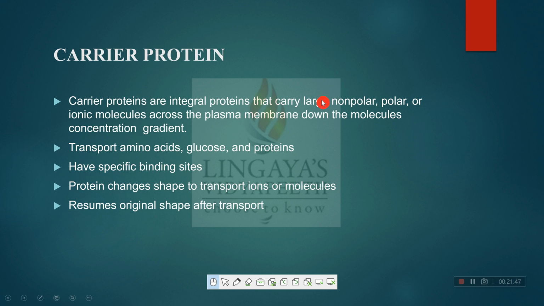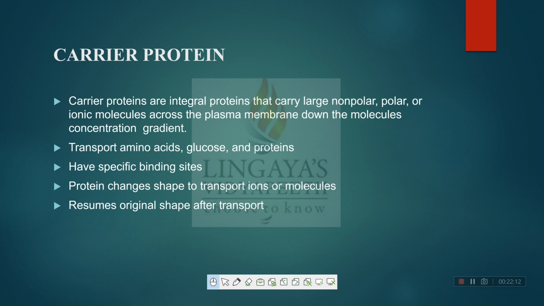The movement of large molecules inside the plasma membrane or outside it happens due to the presence of carrier proteins. Carrier proteins are able to transport amino acids, glucose and proteins that are very important for our body.